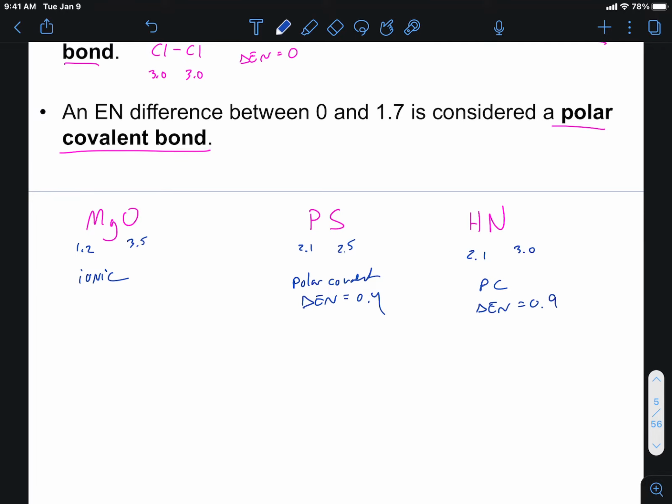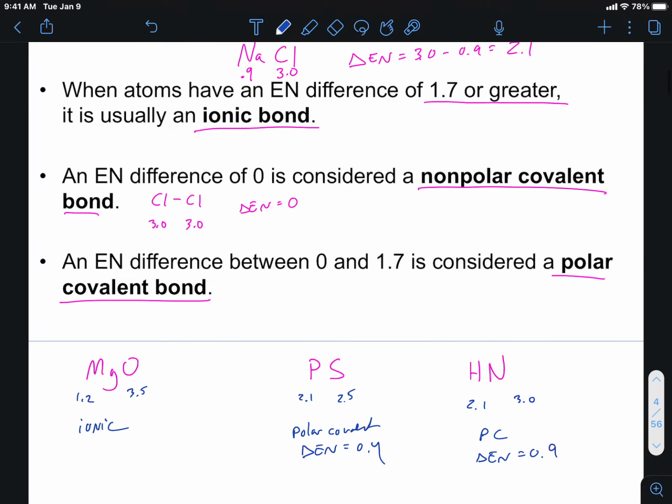Now, I will say that there are going to be some exceptions, and the reasons for those exceptions we'll talk about later on. But you can have ionic bonds with a smaller difference.